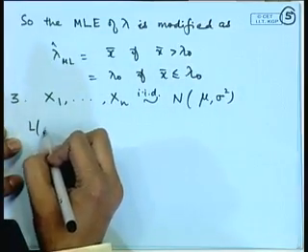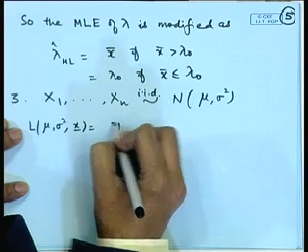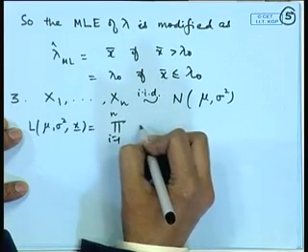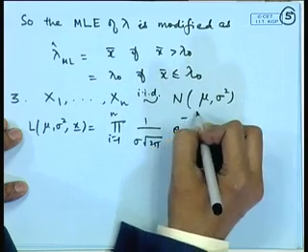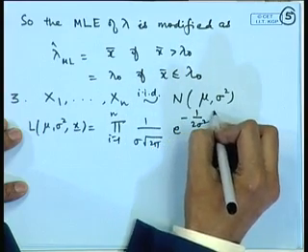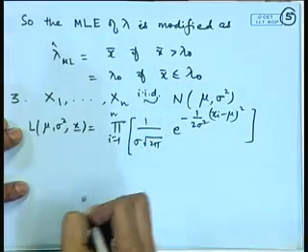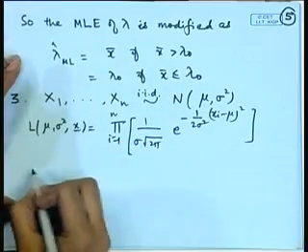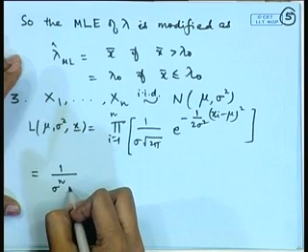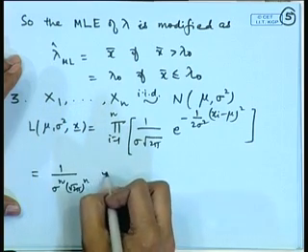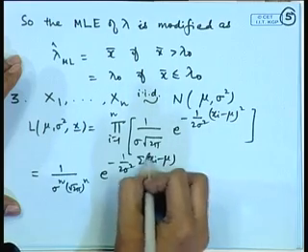So, L of mu, sigma square given x is equal to the product of 1 by sigma root 2 pi e to the power minus 1 by 2 sigma square x i minus mu square. Now, this term we will simplify. This can be written as 1 by sigma to the power n root 2 pi to the power n e to the power minus 1 by 2 sigma square sigma x i minus mu square.